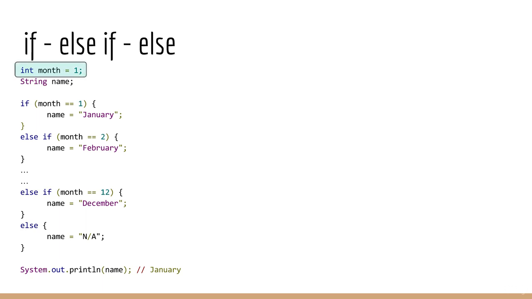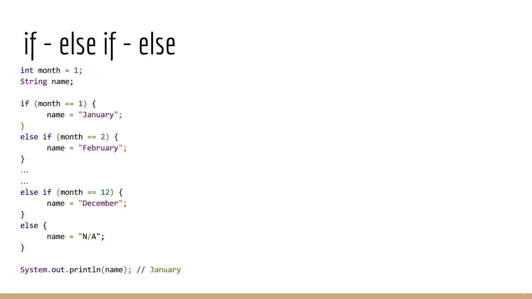Here I declared the month number as an integer variable month. I assigned the month name inside a string variable called name. When the month variable has value 1, I am assigning January into the name variable. If the value is 2, I am assigning February.